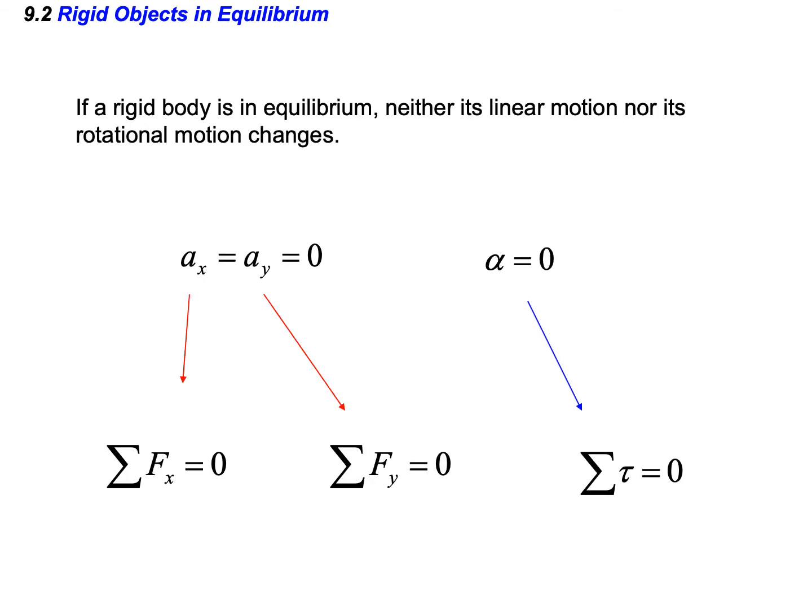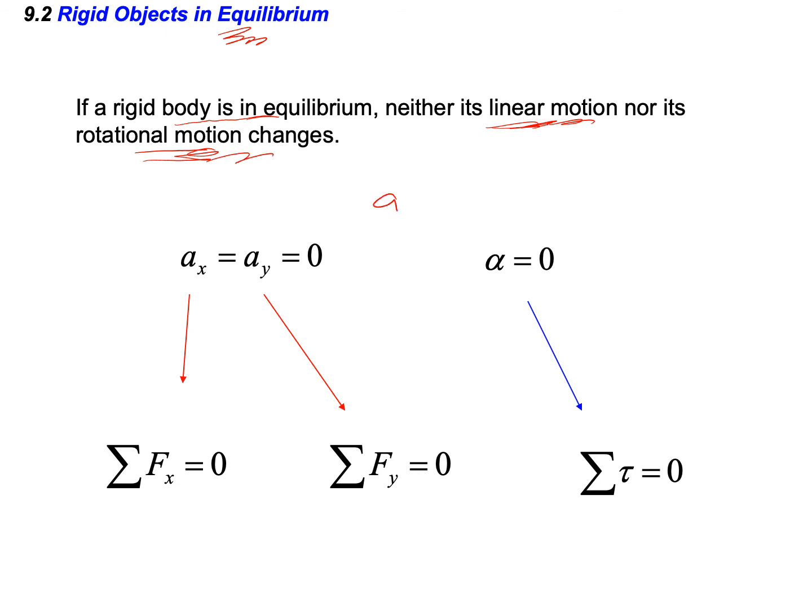So, equilibrium. If an object is in equilibrium, it can be linear or rotational; it is true for both cases, linear motion or rotational motion.